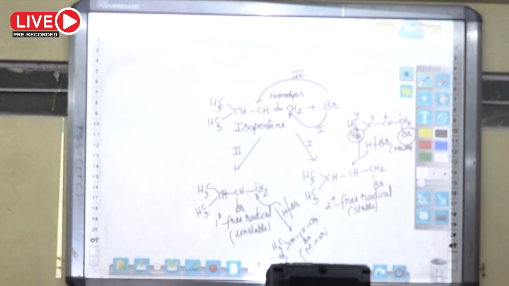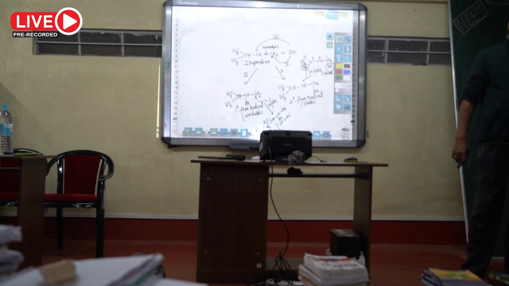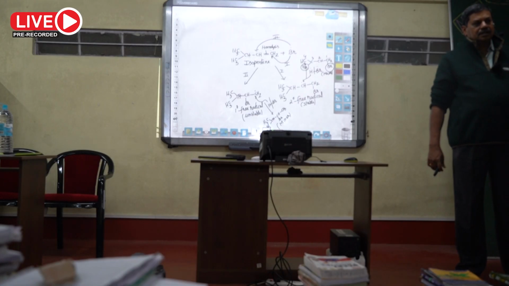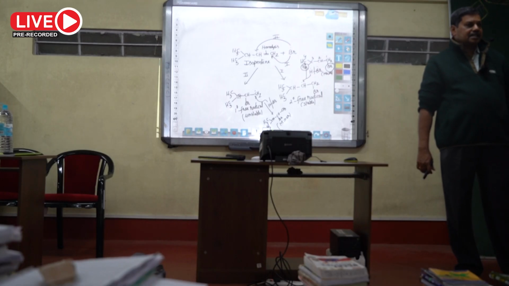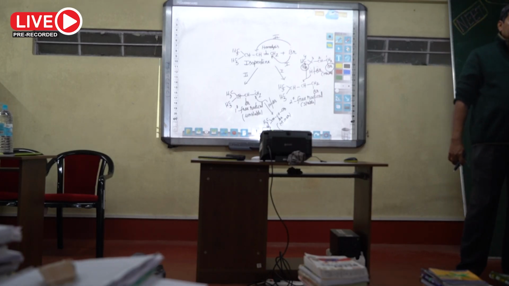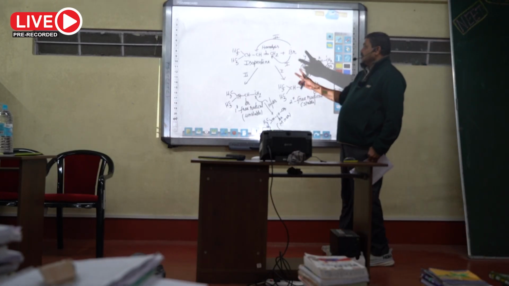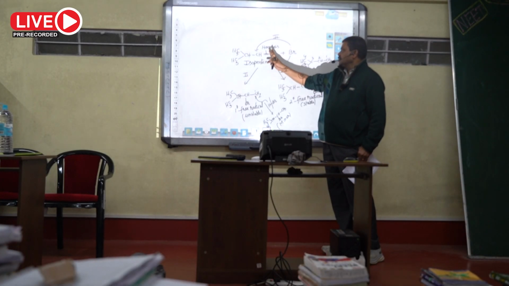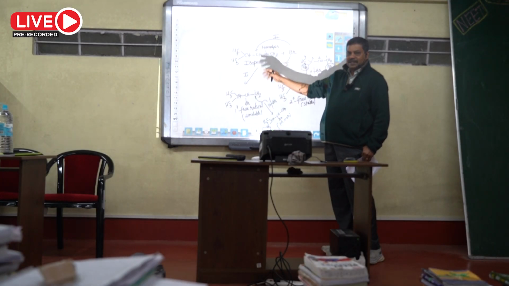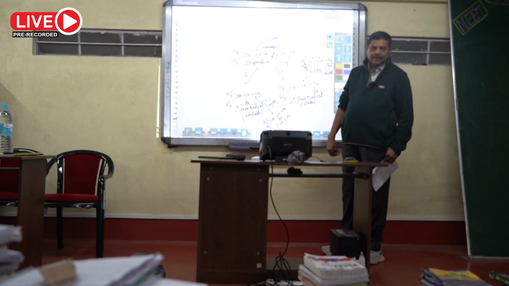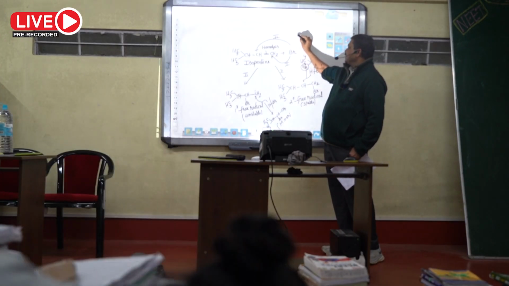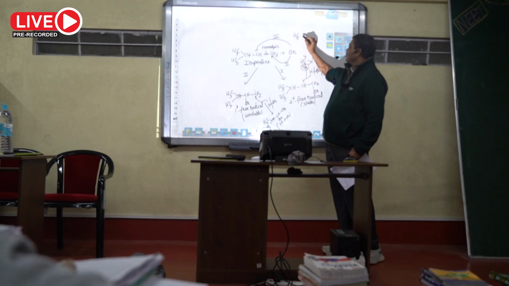So here you just recollected what Markovnikov's rule is. In Markovnikov's rule, unsymmetrical alkenes are treated with HBr. It is an unsymmetrical alkene because if you cut the double bond, you are not getting equal halves. Suppose I take ethene, CH2=CH2.